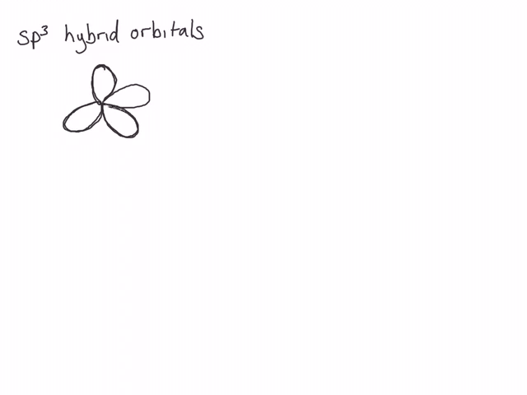This one is coming out towards us, and this one is going back away from us. And VSEPR theory states that if we have 4 electron pairs, the farthest apart we can get them in space is going to be 109.5 degrees apart. And therefore those 4 sp3 orbitals are going to have what's called tetrahedral geometry.